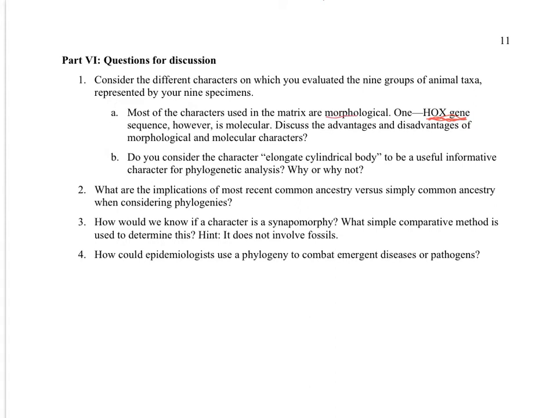And then there's morphological data. Morphological data is the shapes and sizes of things, like whether they have a pentadactyl anatomy or whatever the other characteristics in the matrix were. I think some of the things were radial cleavage and that type of data. And in fact, radial cleavage would actually be in another category, which we would say is developmental or embryological.